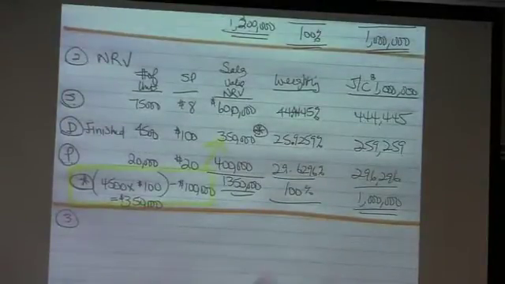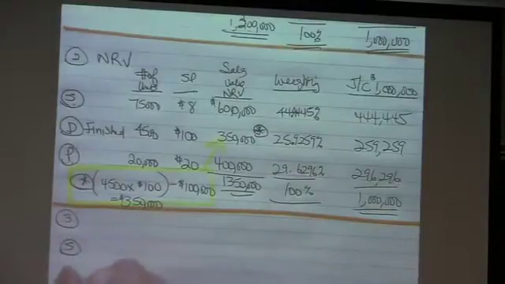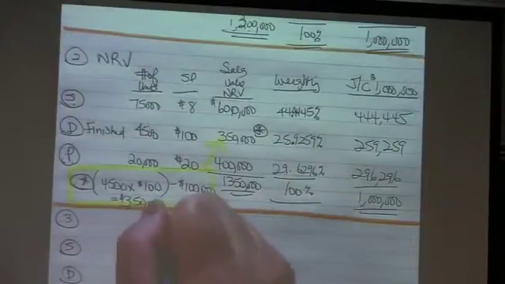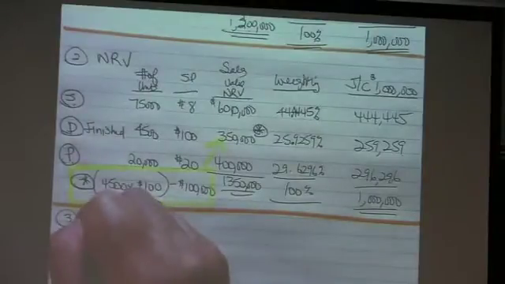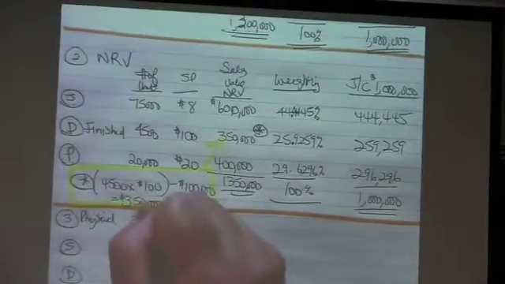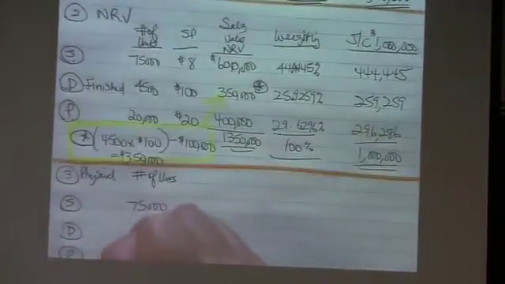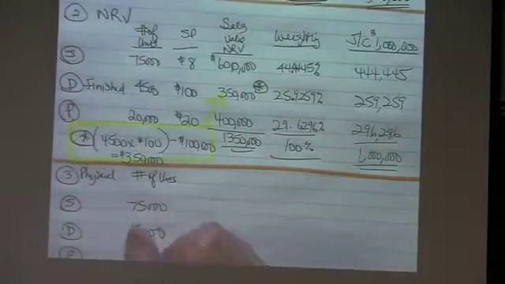For the physical method, we've got studs, decorative, and post. And we know that the number of units, this is physical, number of units is 75,000, 5,000, and 20,000.